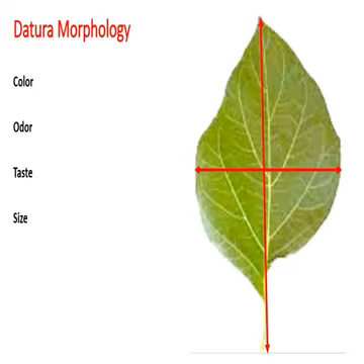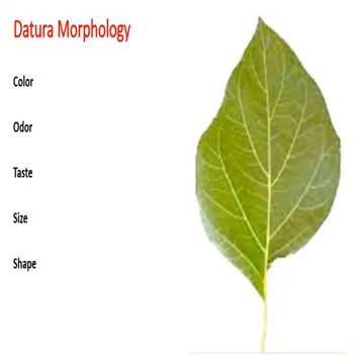This is very important because the same plant can show more variations in the leaf size depending upon the age of the leaf. Next is shape. The shape of Datura leaf is ovate to oblong, or it can also be called triangular ovate. It is roughly ovate.